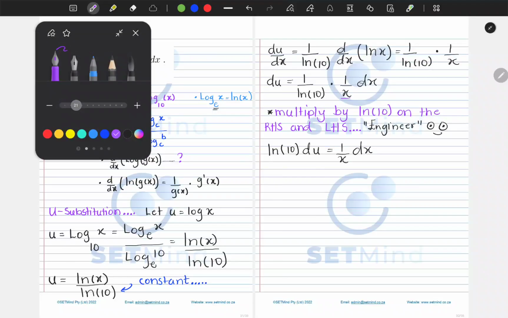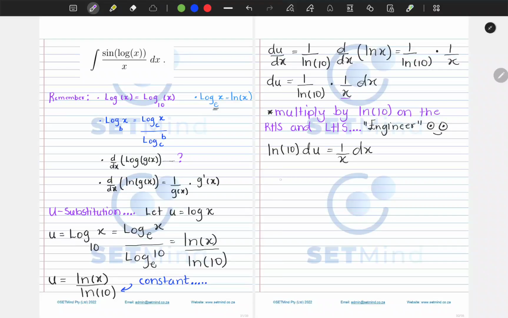Now when we go back to our problem, we can just write it this way. If you observe carefully, you have sine of log of x, and we have 1 over x, and then we have dx here. So what we are going to do is to take all of that and equate it to that.